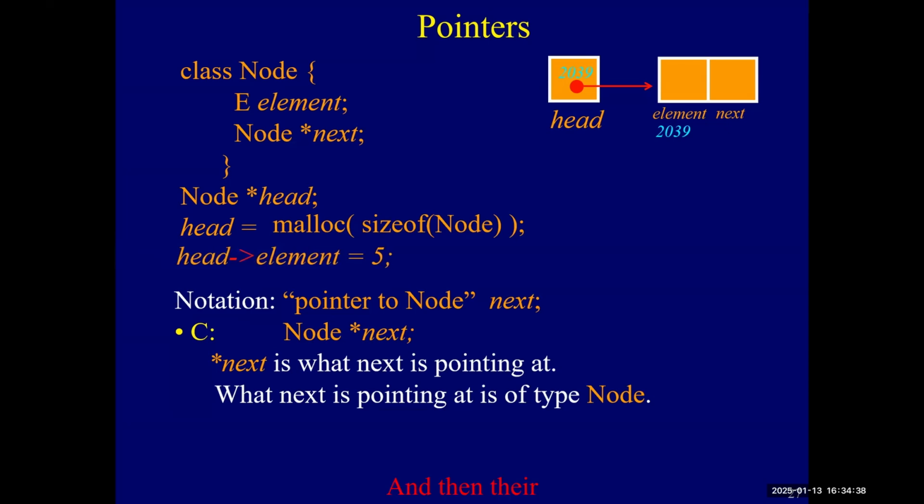And then their notation is sort of funny. Keep track of types here. Head is of type pointer to that structure, so star head is that structure.